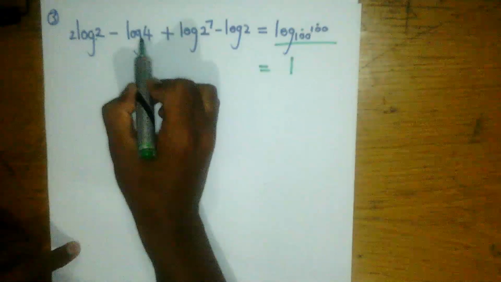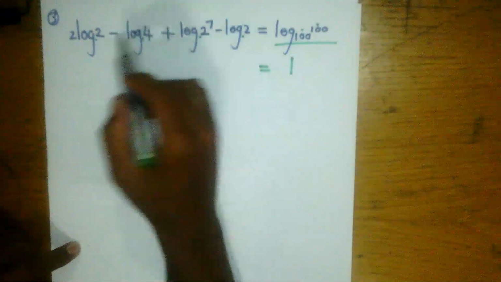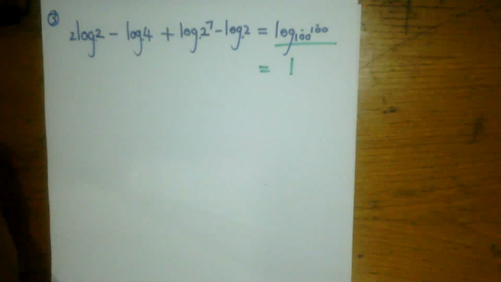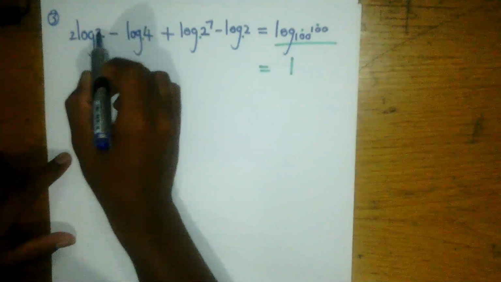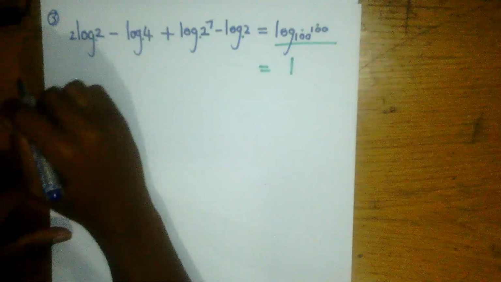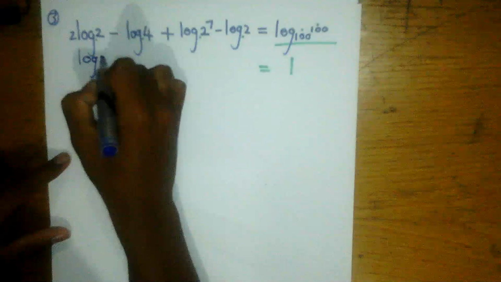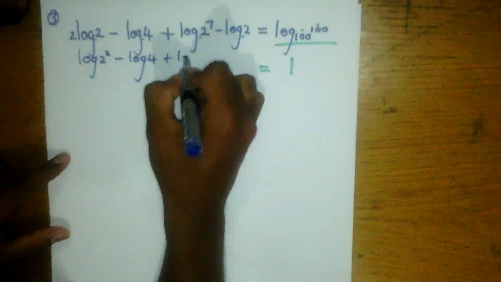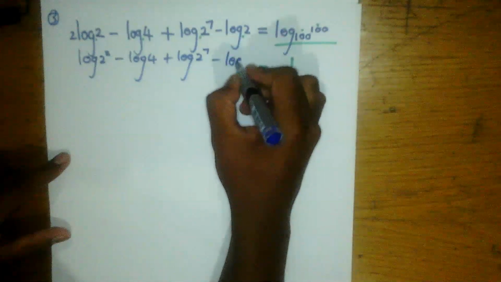We know now that when there is no base given, the base is 10. And also we must see that this 2 must go to the exponent here, so we can begin solving the equation. So we have log 2 to the power of 2 minus log 4 plus log 2 to the power 7 minus log 2.